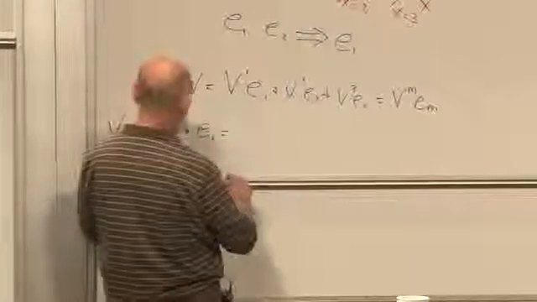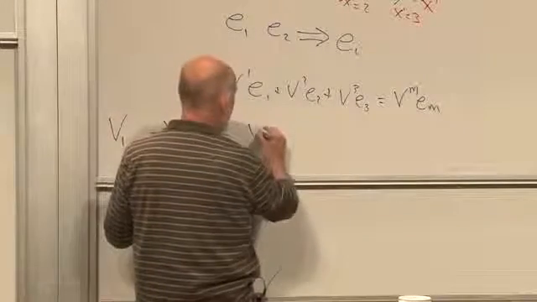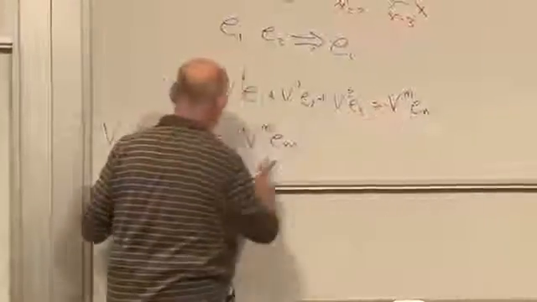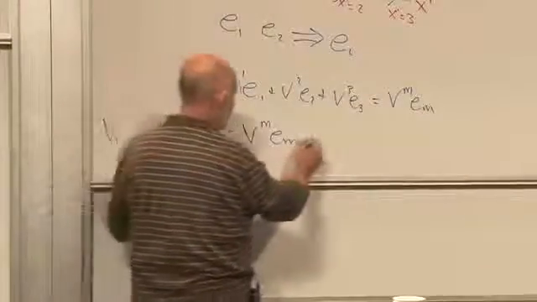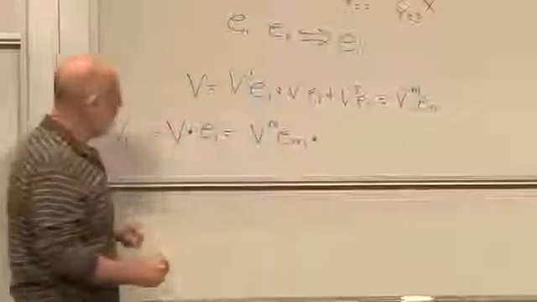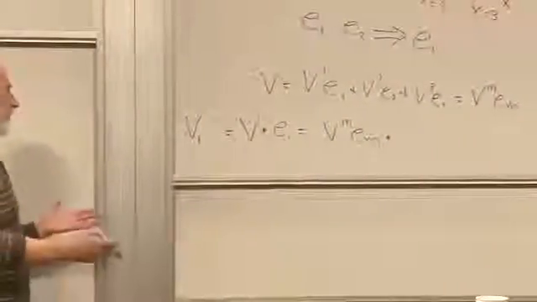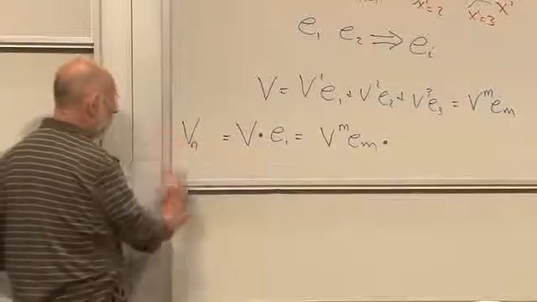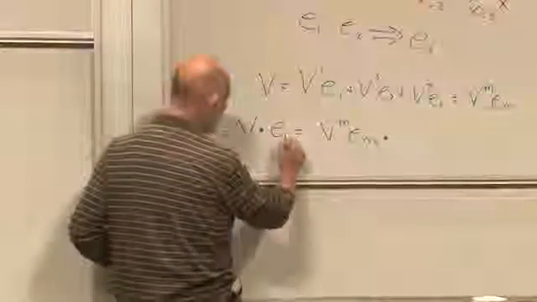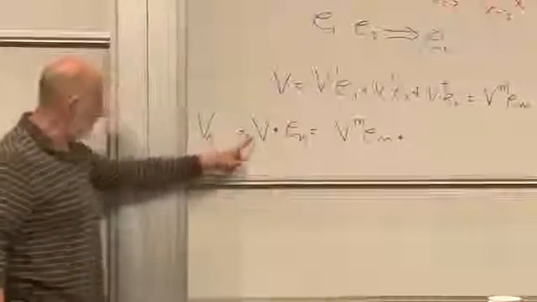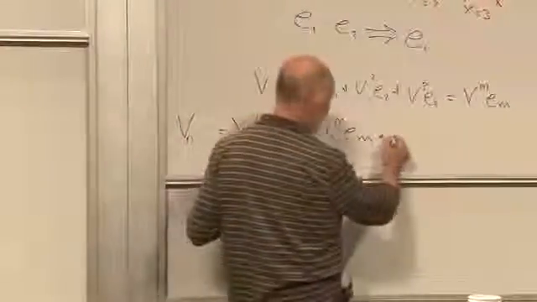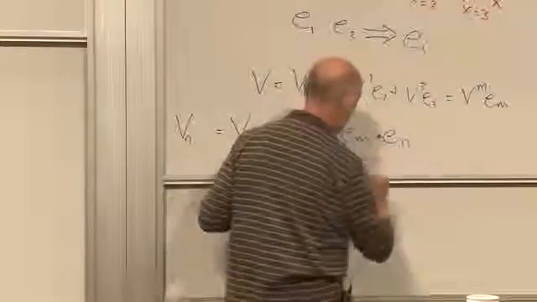So what is this equal to? This is equal to Vm Em from here. And now we're going to dot it into e1. But why fix e1? Let's just go for it right now. The general case, the dot product of v with the nth basis vector, and this will be e sub n.